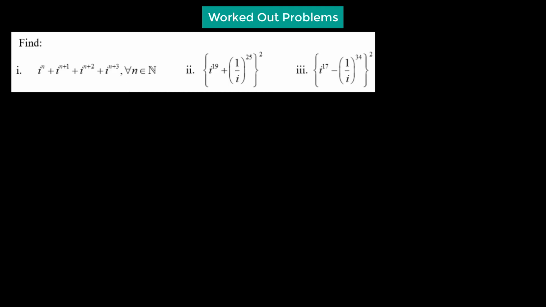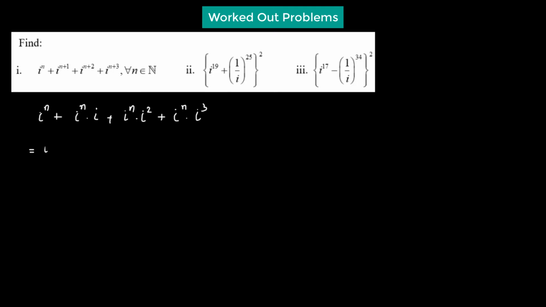So we have i^n plus i^(n+1), so we can rewrite it as i^n times i plus i^n times i squared, and the fourth term will be i^n times i cubed.